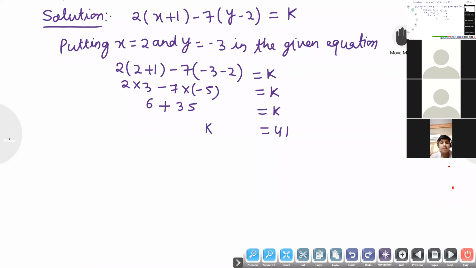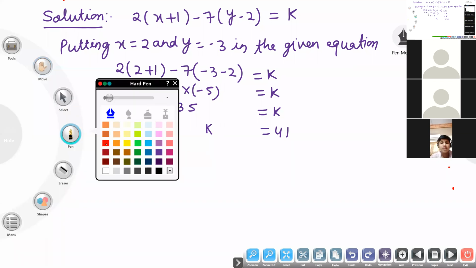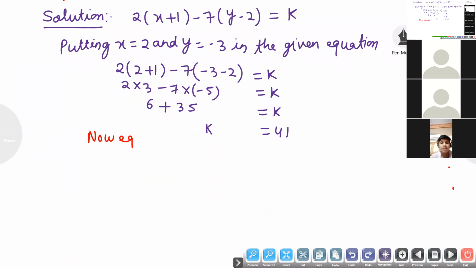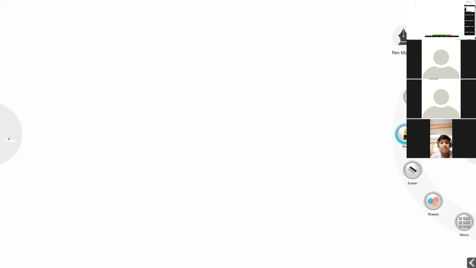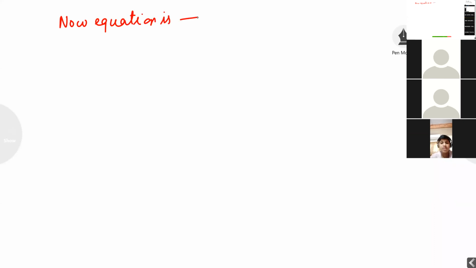Now equation is 2 bracket x plus 1 minus 7 bracket y minus 2 is equal to 41.